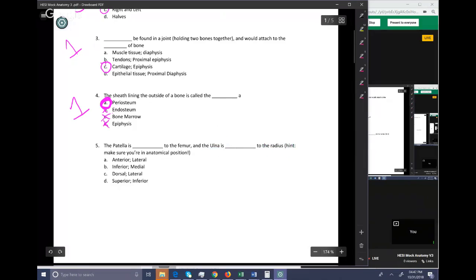If I am in the anatomical position, and remember that the radius is where your pulse is, which is on the thumb side of your hand. So if you're in anatomical position with your palm facing forward, your pulse is on the outside. So that would make that lateral, and that would make the ulna medial to the radius. The ulna in anatomical position is closer to your midline than the radius is.